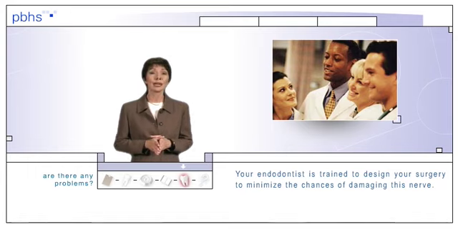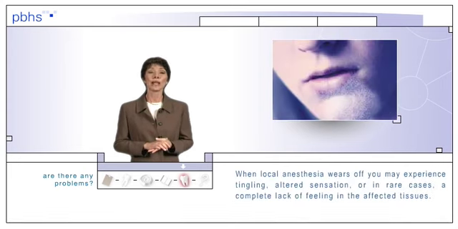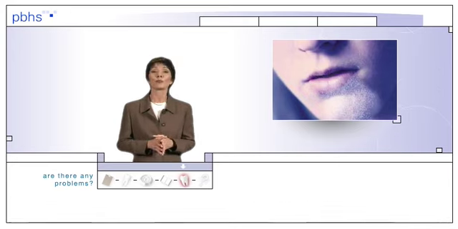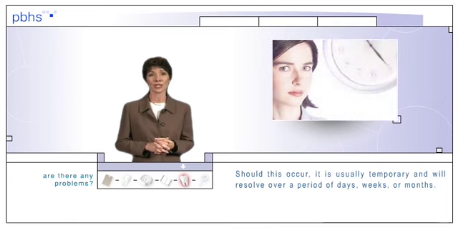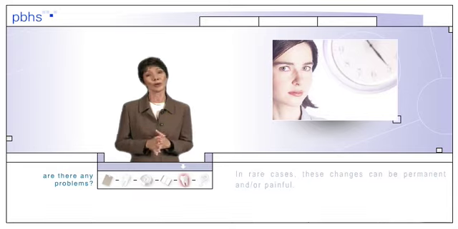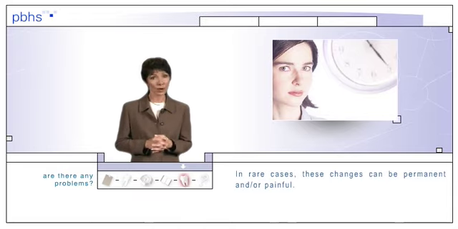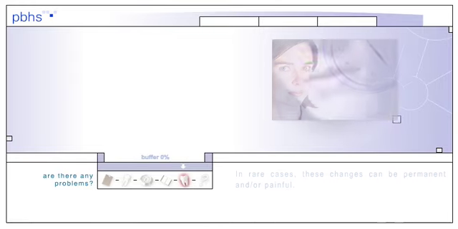Rarely, this nerve can become irritated during the process of surgery. In these cases, when the local anesthesia wears off, you may experience tingling, altered sensation, or, in rare cases, a complete lack of feeling in the affected tissues. Should this occur, it is usually temporary and will resolve over a period of days, weeks, or months. In rare cases, these changes can be permanent and/or painful.